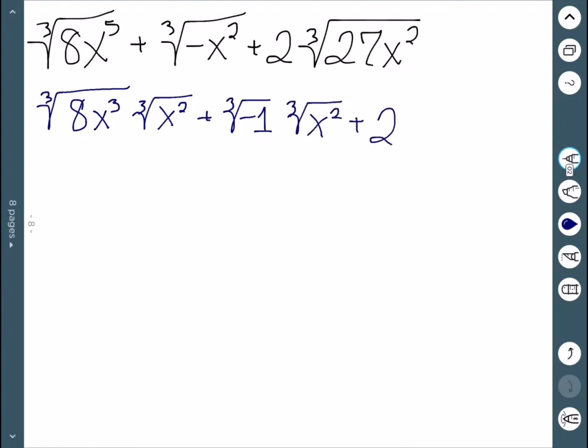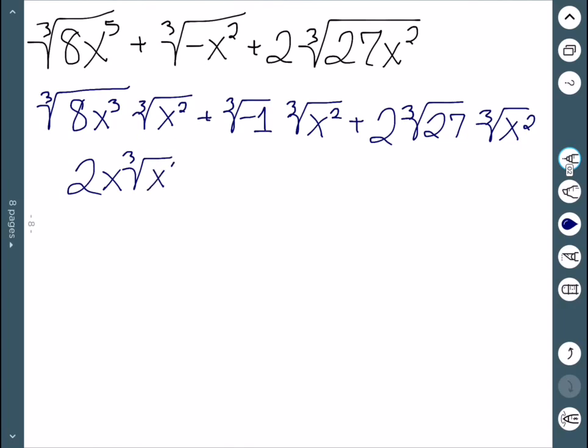And then my last one, I know the cube root of 27, and I'm left with an x squared. So this becomes 2x cube root of x squared minus the cube root of x squared plus, this is 2, and this cube root of 27 is 3, so plus 6 cube root of x squared.